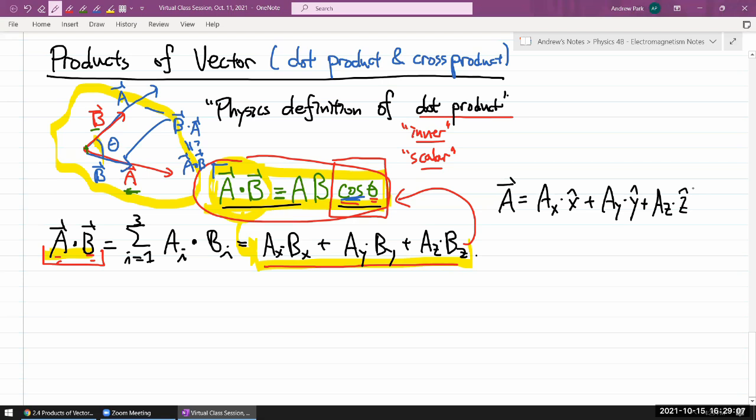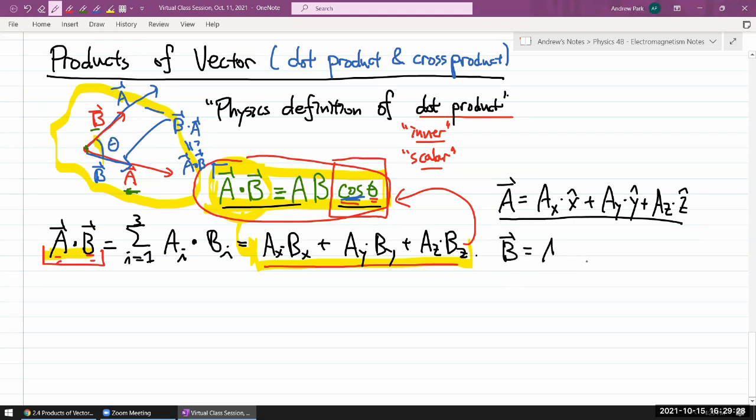This is the expansion of the vector notation for A in terms of the vector components of A. And the vector B is also similar.